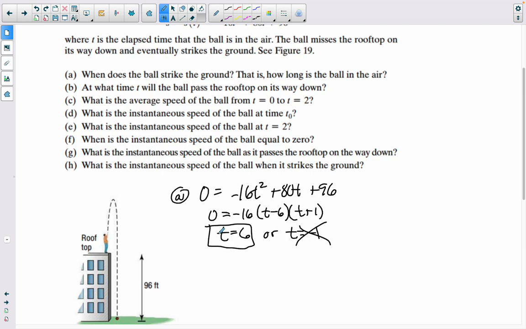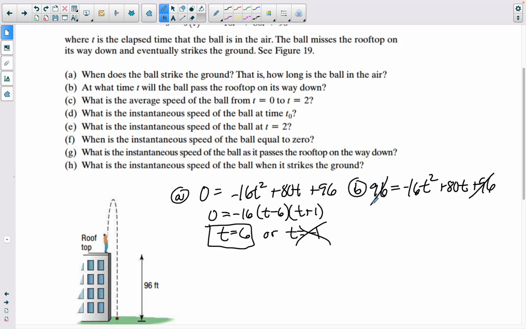At what time t will the ball pass the rooftop on its way down? Again, you don't need to do any limits here. For part B, instead of 0, you're going to solve the equation for 96, because the rooftop is 96 feet up. So 96 is equal to negative 16t squared plus 80t plus 96.